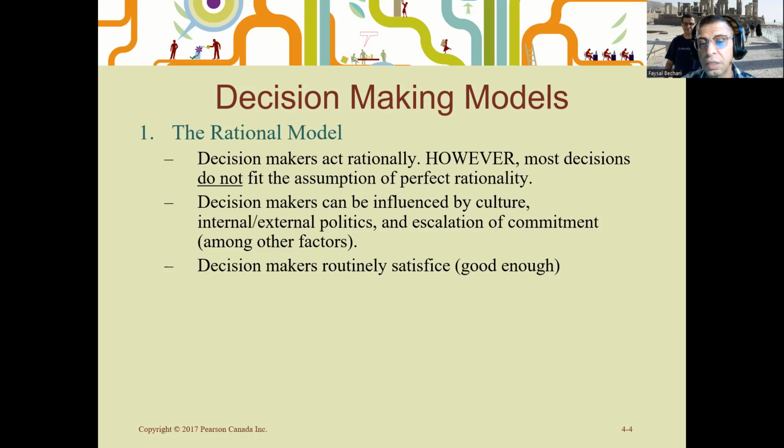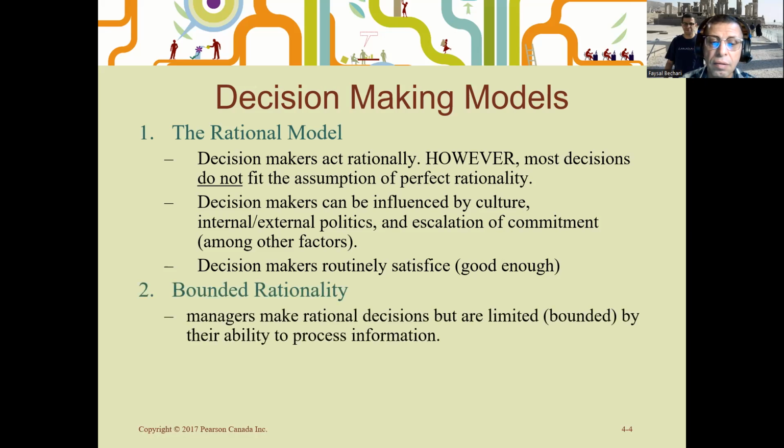Decision makers routinely go with what is good enough, making decisions based on what keeps the situation good enough and under control. Then there is bounded rationality. Managers make rational decisions, but are limited or bounded by their ability to process information.